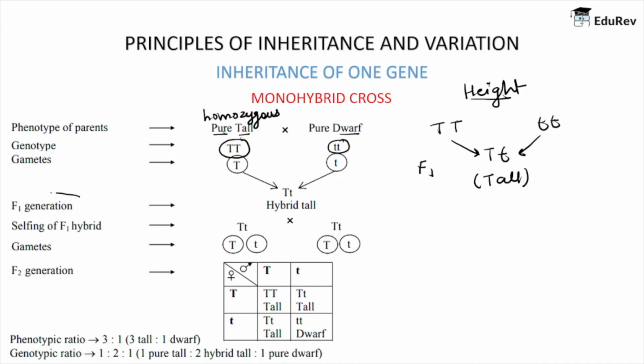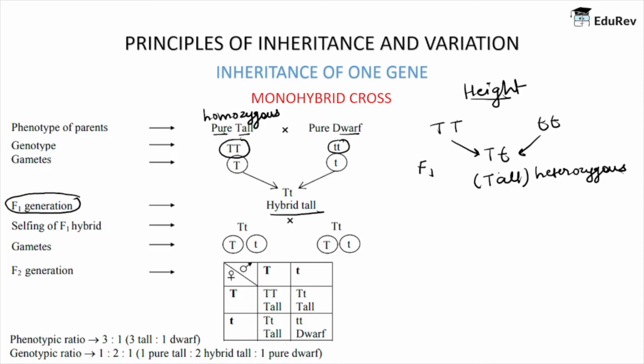In the image also they have mentioned F1 generation, in which we get hybrid tall, called heterozygous tall. And why do we say heterozygous tall? Because it has two different genes, capital T, small t. Yes, different in terms of symbol. So that is why it is called heterozygous tall.